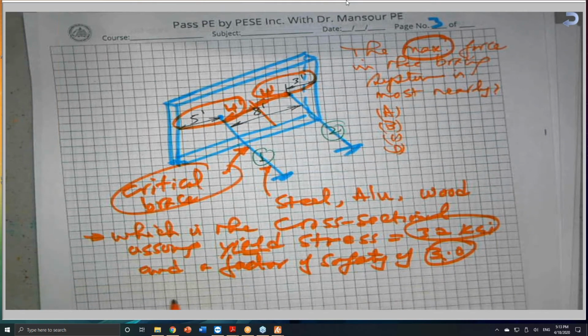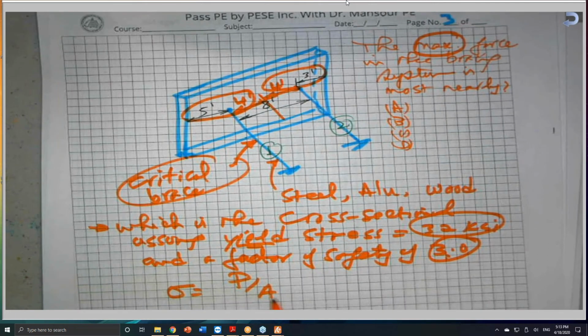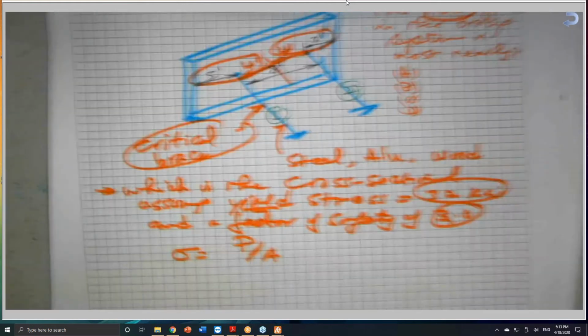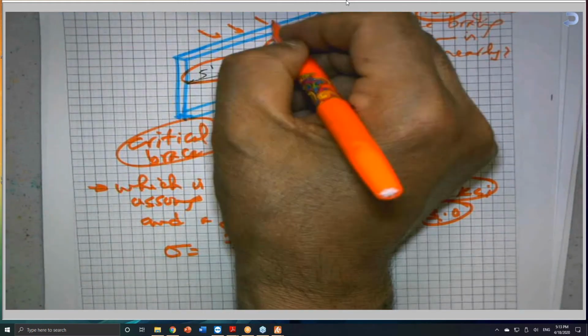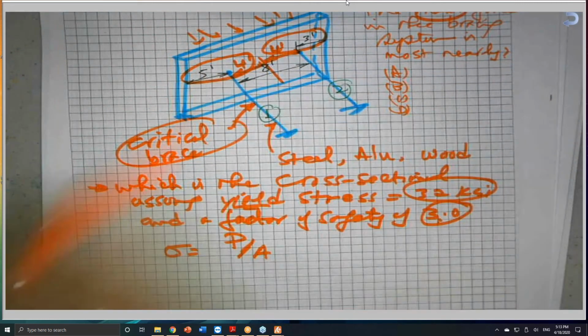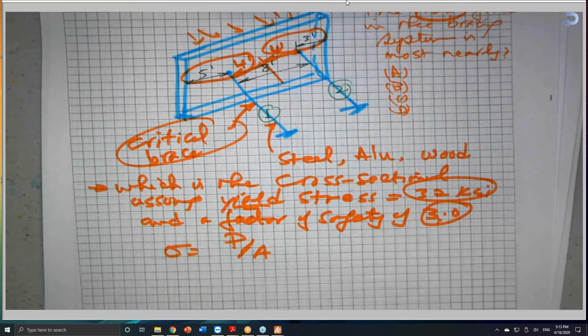So we know sigma is equal to P over A. This is axial, because the force is axial, either tension or compression. In this case, due to this lateral load, which is a wind load, these members will be in compression. Unless the wind came from the other side, then it could be tension. So if I know sigma and I know P, the maximum force or maximum load, I can get the area.